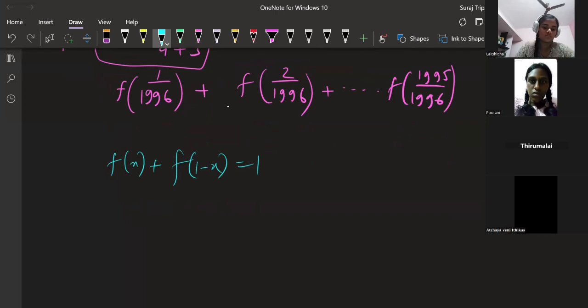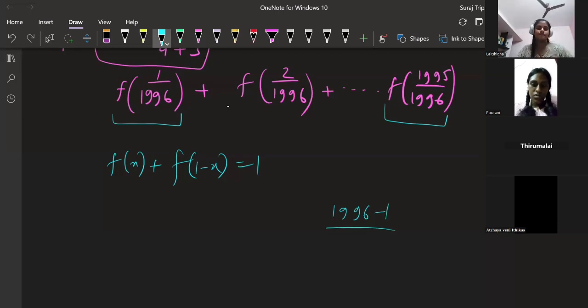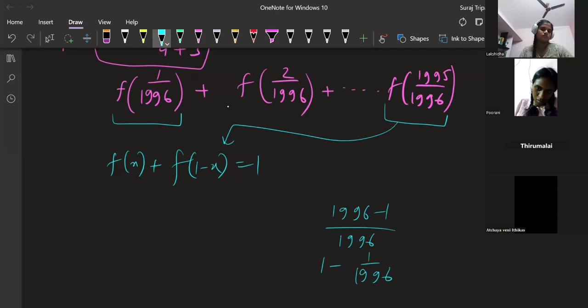So now check, this is f of x and this number is 1 minus x. If I write 1996 minus 1 divided by 1996, we can write this as 1 minus 1 upon 1996, right? So this function can be written in this format.